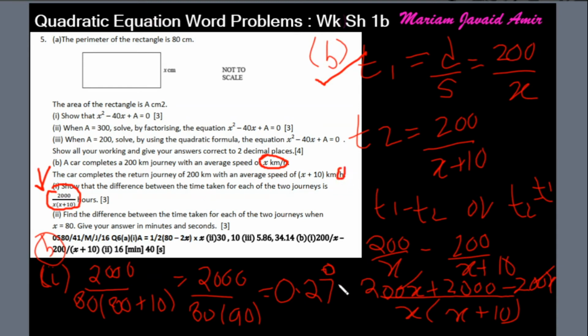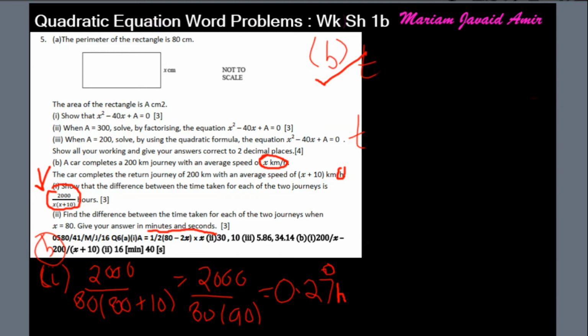The answer we just found is in hours, whereas in the question the answer is asked in minutes and seconds. For that, there are two ways of doing it. The quickest way is, when your calculator is showing the display 0.277, simply press this key.